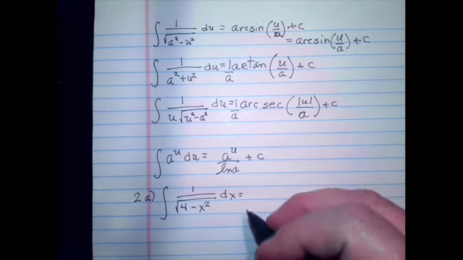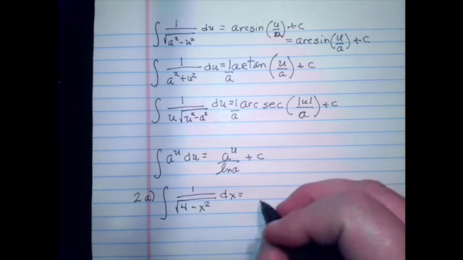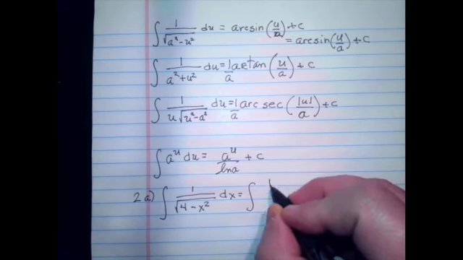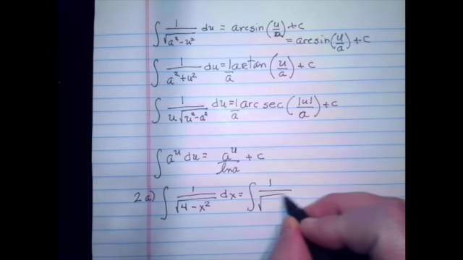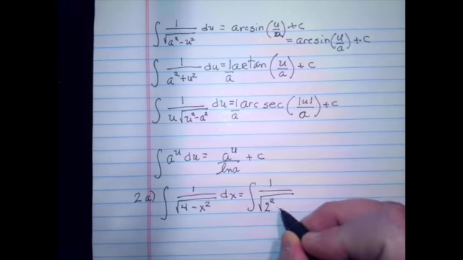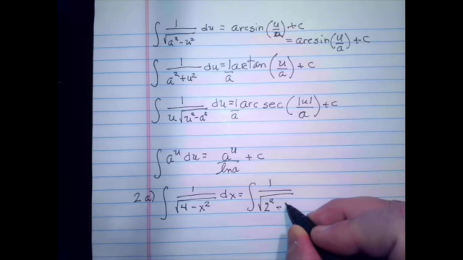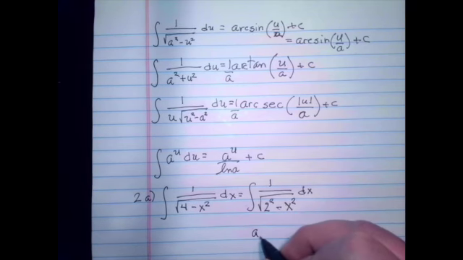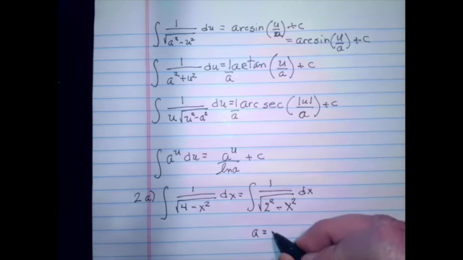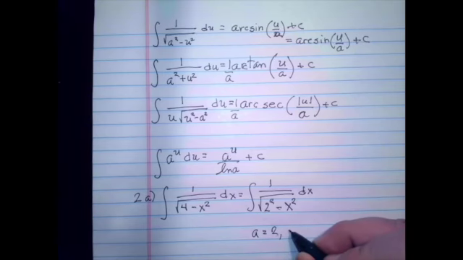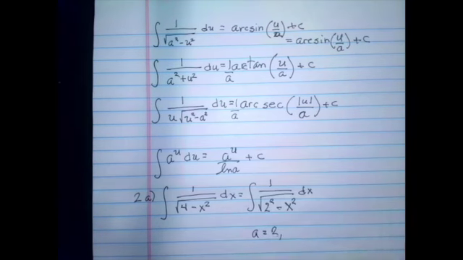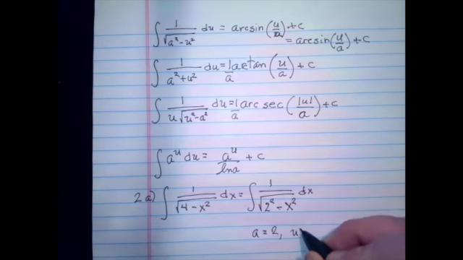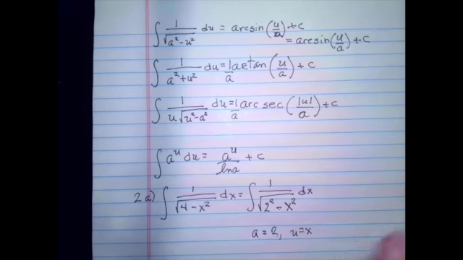So in this case, this is the same thing as 1 over the square root of 2 squared minus x squared with respect to x. So here a is 2, and if you're using this formula, you would think of u as x.